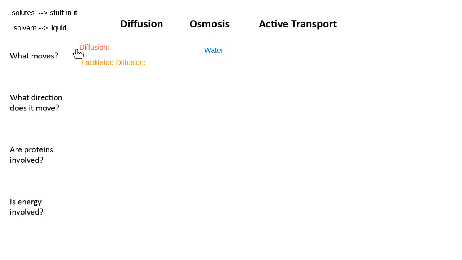Now, when we're comparing regular diffusion to facilitated diffusion, there's a difference between these transport processes that this word facilitated helps us to recognize. What's going on in facilitated diffusion that's different from just regular diffusion? What's this facilitated thing mean? Yeah, Gloria's totally right.